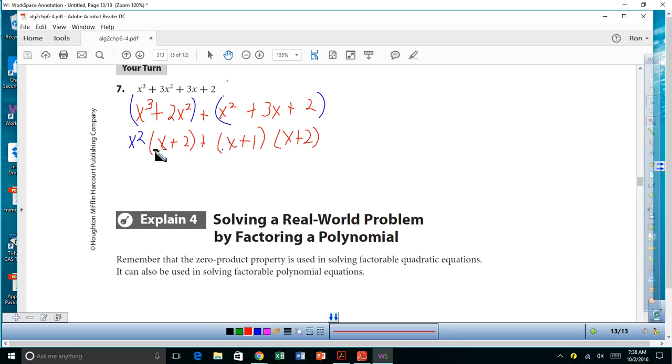And then if you notice, we got this right here, and that right there is the same. So we're going to combine those. So we have x squared, and we'll make this x plus 1, all of that times x plus 2. Now, x squared plus x plus 1, that's irreducible. Can't do anything else with that.